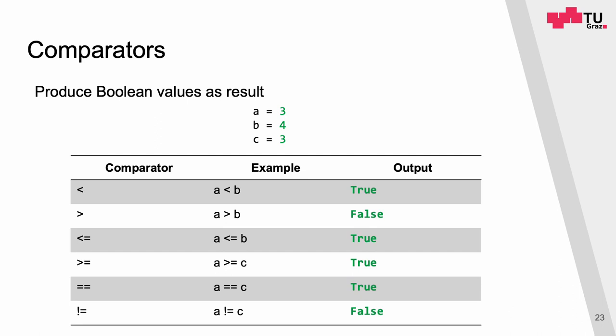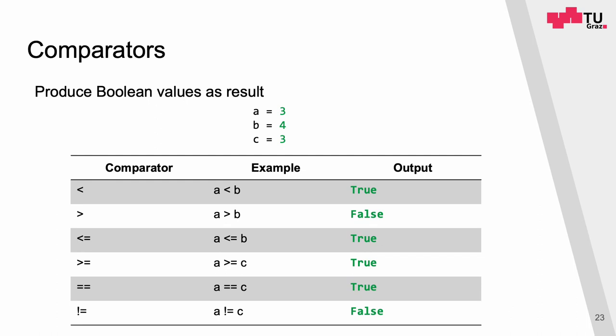So we have the usual smaller or greater sign. For example, if we look at the first line, if we type a smaller than b, we get the result true, since a has a value of 3 and b has a value of 4. This means a is smaller than b, and therefore the output is true.